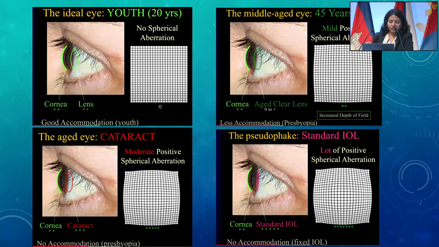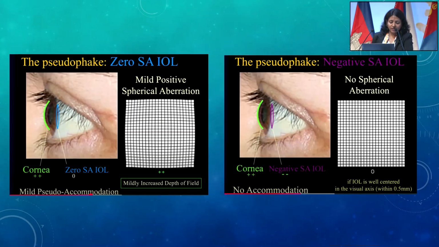As the patient ages, the lens also starts developing cataract and has positive spherical aberration. That leads to a moderate amount of positive spherical aberration in the eye. Now, if we are using a standard IOL, the standard IOL has a lot of positive spherical aberration. The patient lands up with a lot of positive spherical aberration in the eye, and that gives rise to problems.